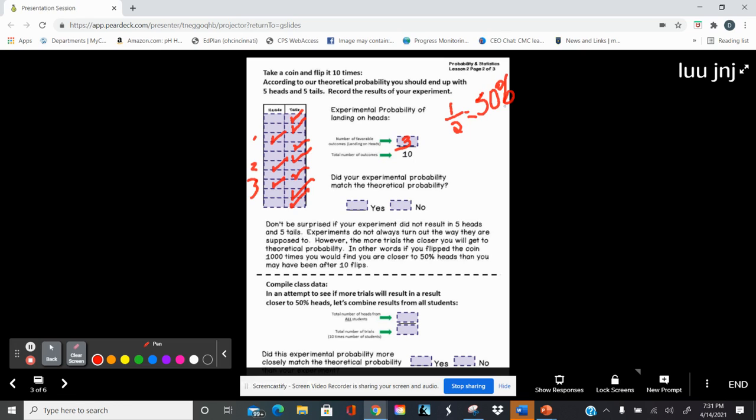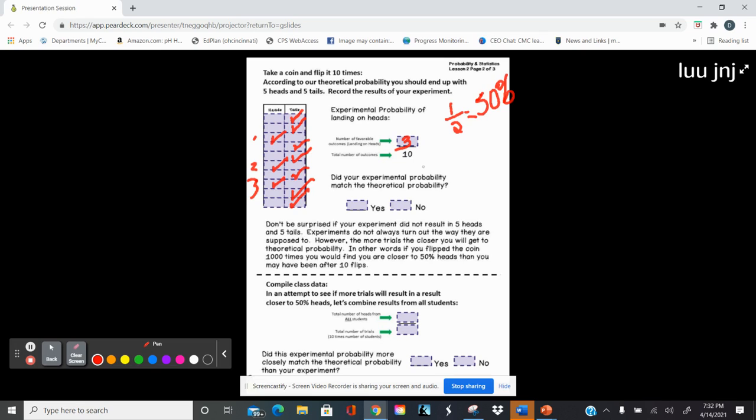So 3 out of 10 trials is not exactly 50%. We do want you to note that when we're doing experiments, everything is not going to turn out the exact way that we predict. Theoretically, yes, ideally, it would be 1/2. However, when you're doing more trials, the closer you'll get to the theoretical probability.